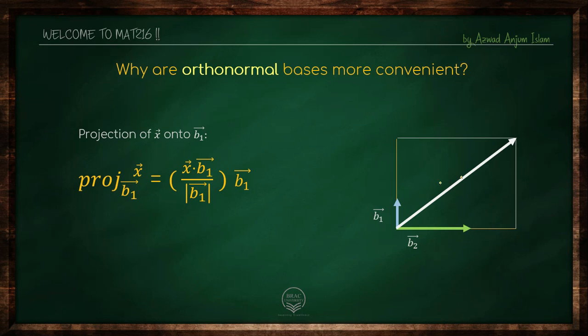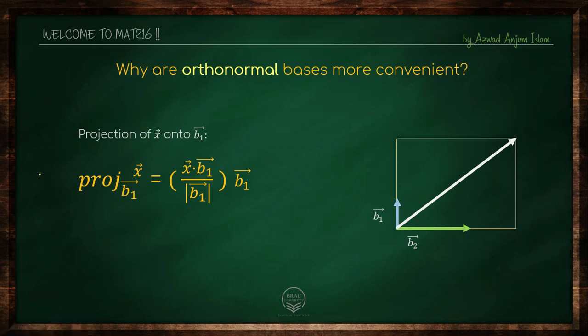So as we saw, to find the coordinate, we are going to take the projection of this vector onto this vector. And to find this coordinate, we're going to take the projection of this vector onto this vector, right? So this is the formula of projection.